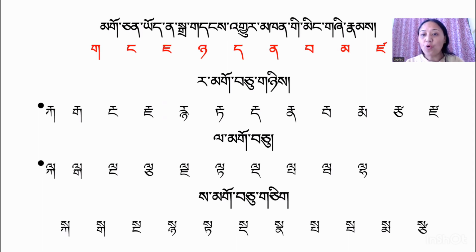Pa sound changes to Ba sound. The next one, Ra Mada Ma. Ma sound. Next one, Ra Tata Ta. Ta remains the same. And the next one, Ra Tada Za. Za, like this. Harder sound.